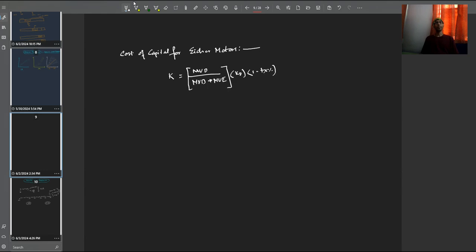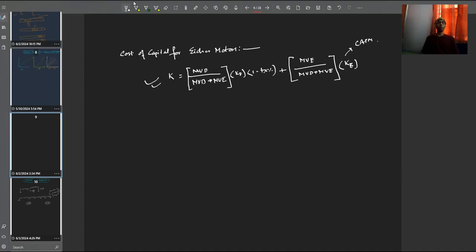This is the first expression, plus market value of equity divided by total market value of the capital, that is market value of debt plus market value of equity, multiplied by the cost of equity, right? Now this cost of equity we'll be finding out through the CAPM method. We'll see how to measure that. So this is the expression for cost of capital.